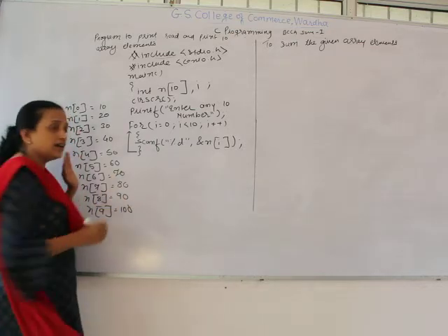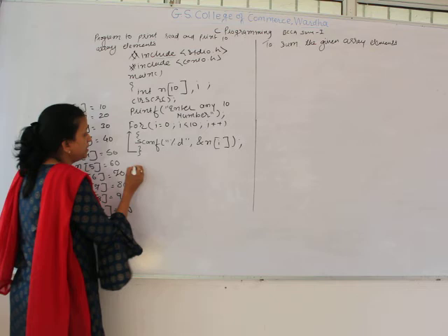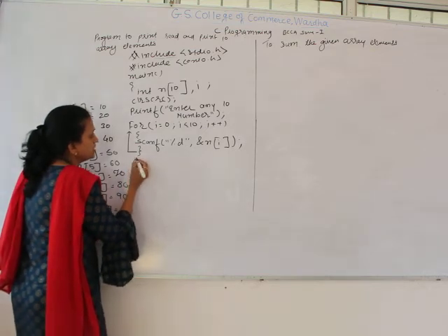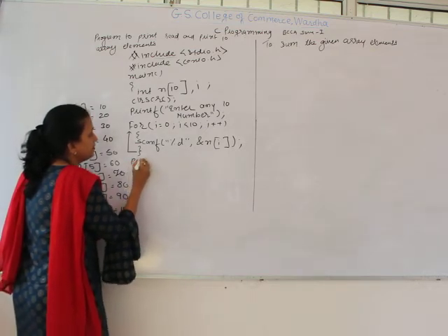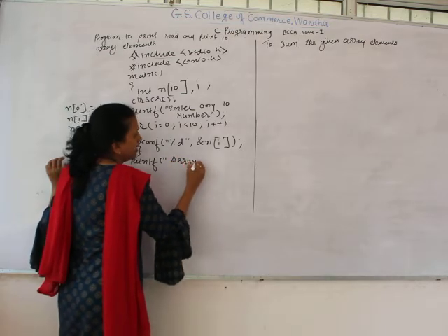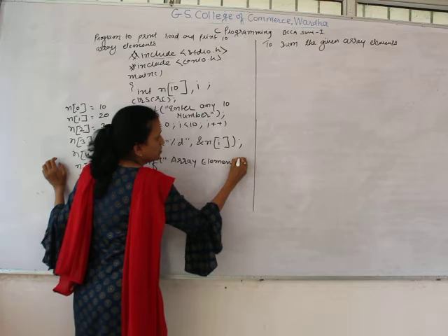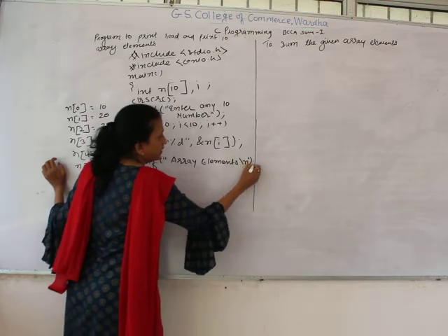In the same way you can print the elements also. To print the array elements, first print a message with printf: "You are going to print array elements". Here I am taking a new line character.